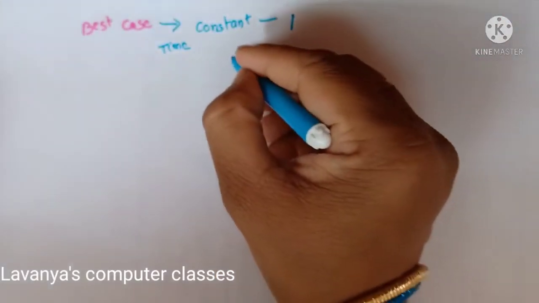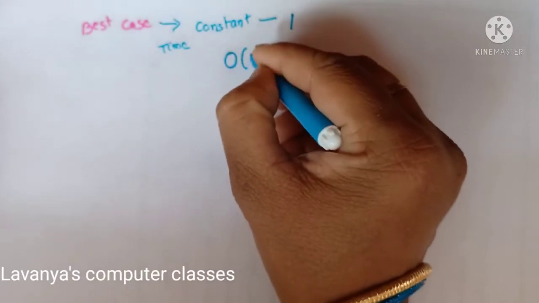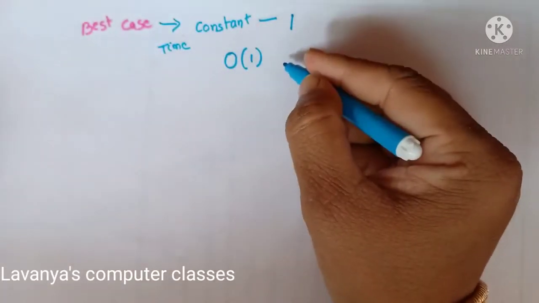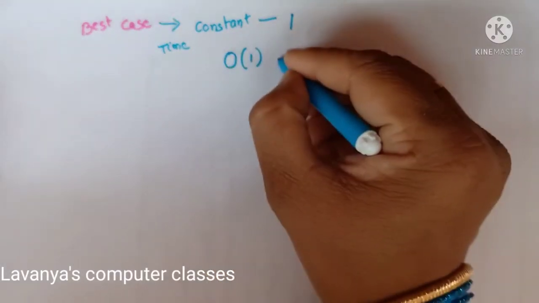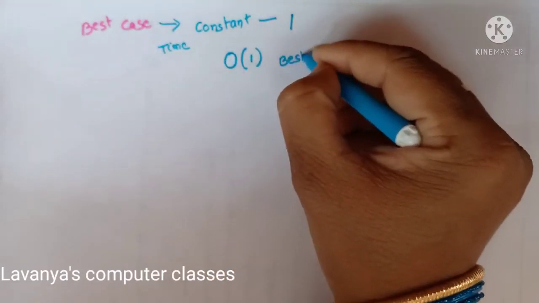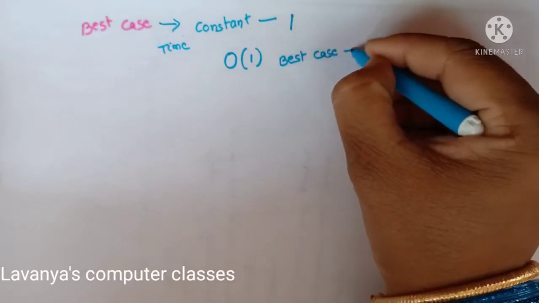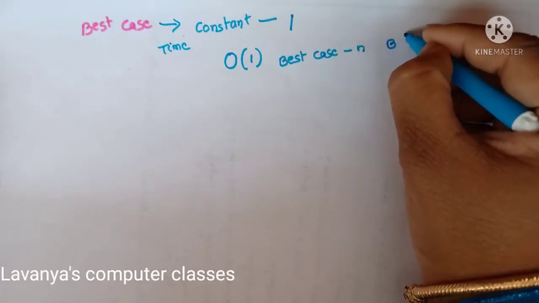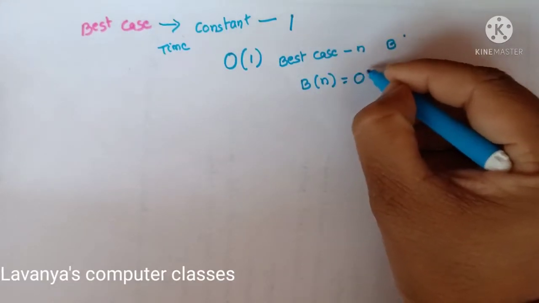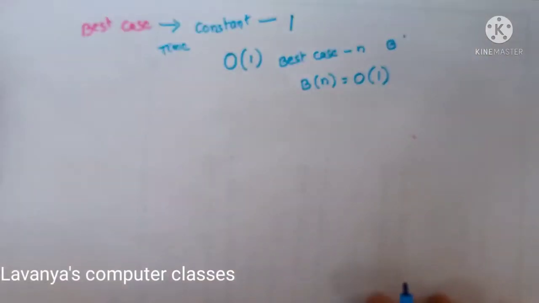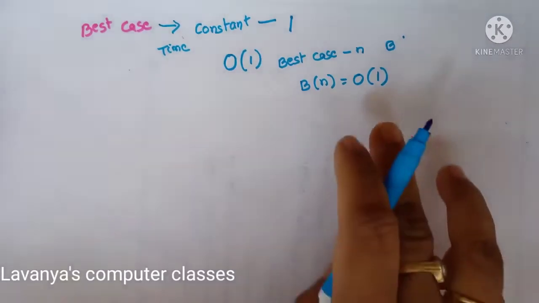So the best case is represented with big O of 1. If n elements are there, the best case of n elements is called B of n. B of n is also represented with O of 1. So this is the best case of linear search.